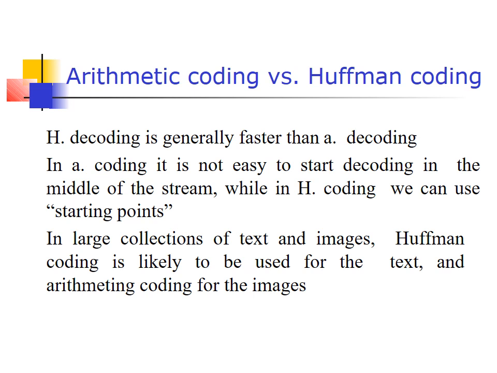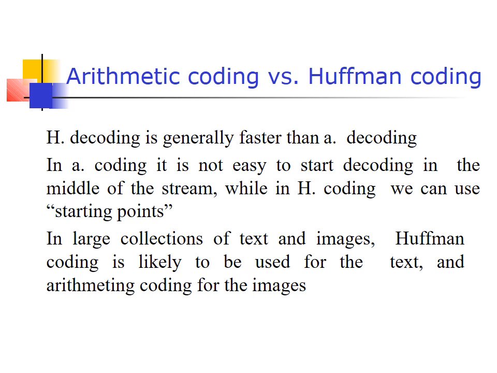While decoding arithmetic codes, it is not easy to start decoding in the middle of the string. But in Huffman coding, we can choose the starting points and process from there. So this is another added advantage of Huffman coding.